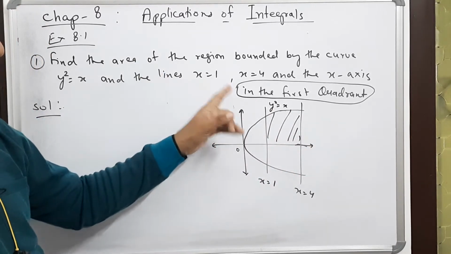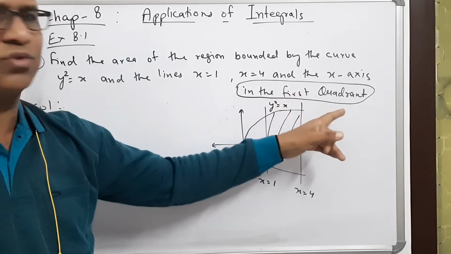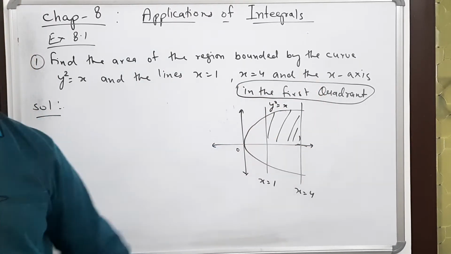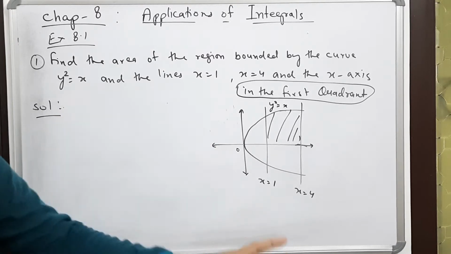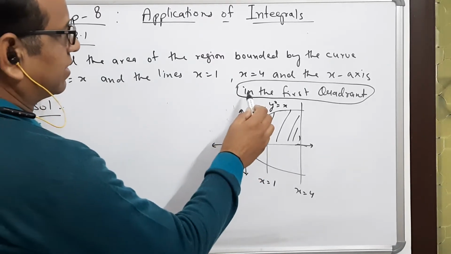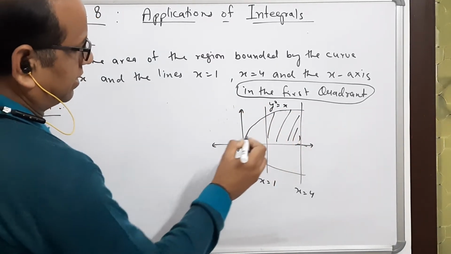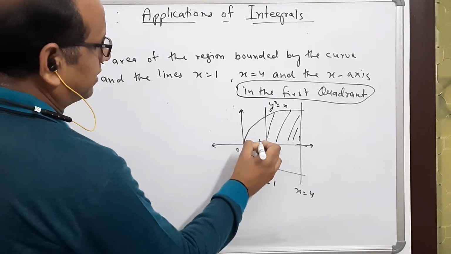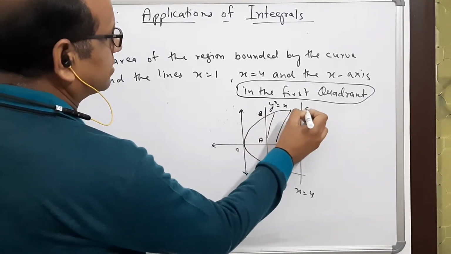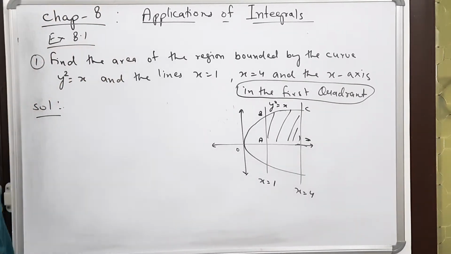In some books, in question number 1, it is written first quadrant, and in some books this is not there, so I am explaining both parts. When it is written first quadrant, we use this area, that is, this area ABCD.